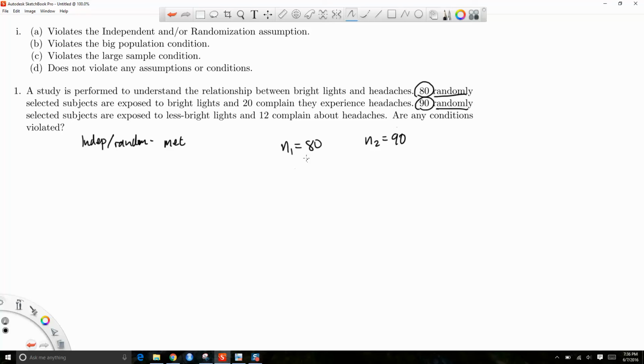Now for the big population condition, 10 times 80 is 800, and 10 times 90 would be 900. The entire population would be all people who can be exposed to bright lights, and that would be a lot of people, so it's much more than 800. And likewise all people who can be exposed to less bright lights.